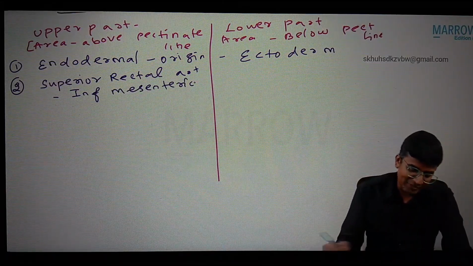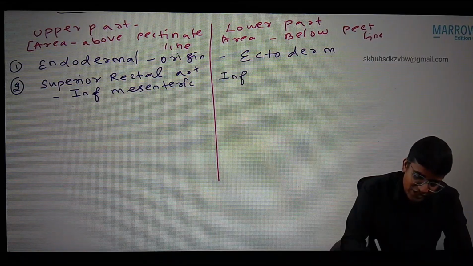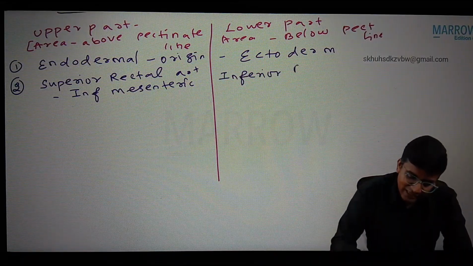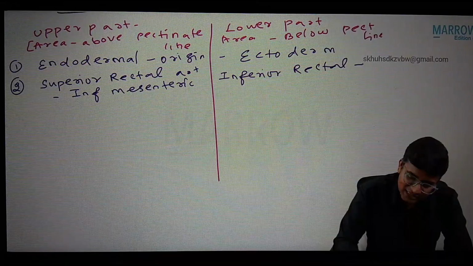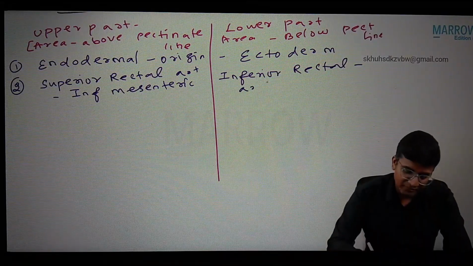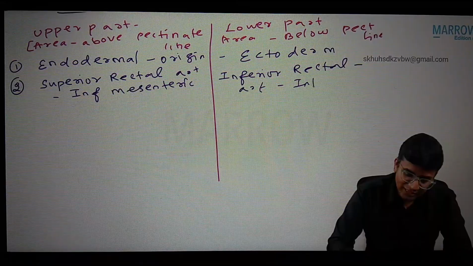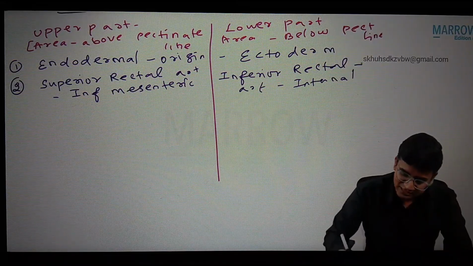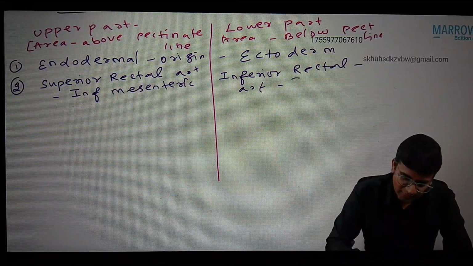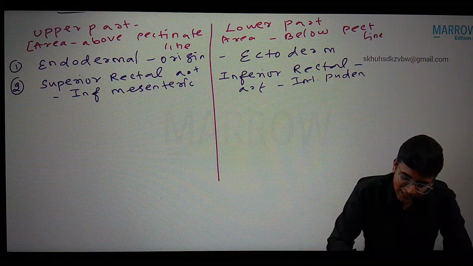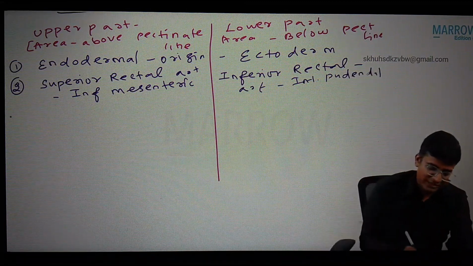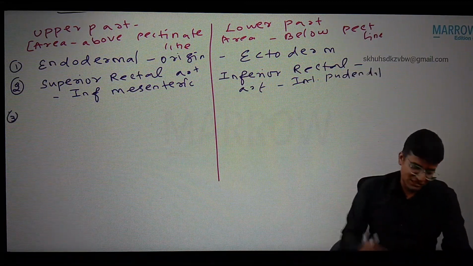The lower part is supplied by the inferior rectal artery. The inferior rectal artery is a branch of the internal pudendal artery. Okay.